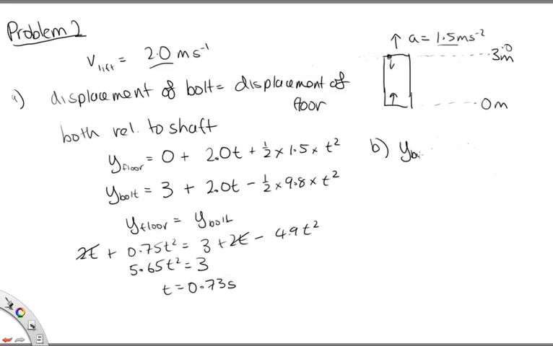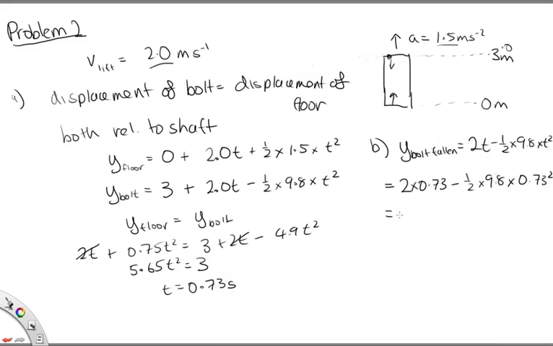So y bolt fallen is equal to 2t minus a half times 9.8 times t squared. And we've worked out how long it's falling for here. So this is equal to 2 times 0.73 minus a half times 9.8 times 0.73 squared.